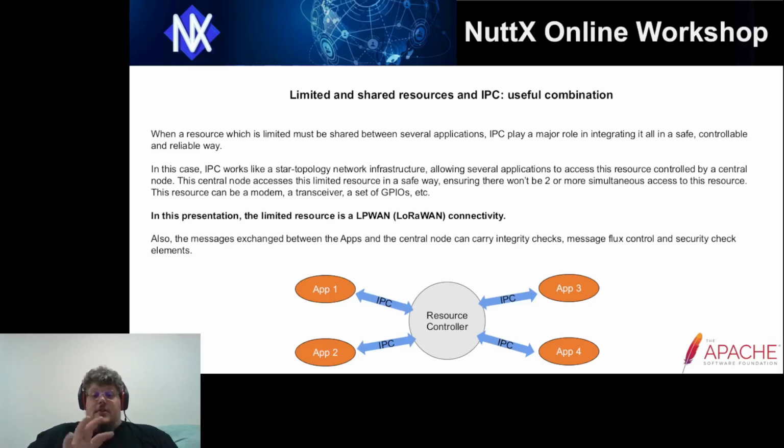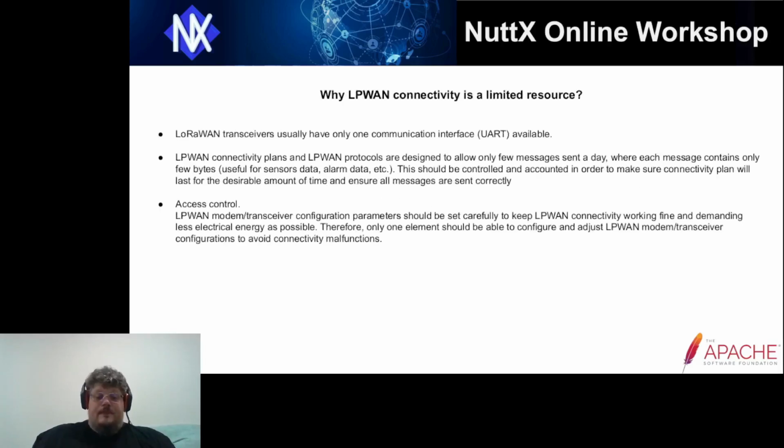So the central node is the node that controls this limited and shared resource. This limited or shared resource can be anything that is not safe to share without any kind of control, like GPIOs, transceivers, modems, and so on.